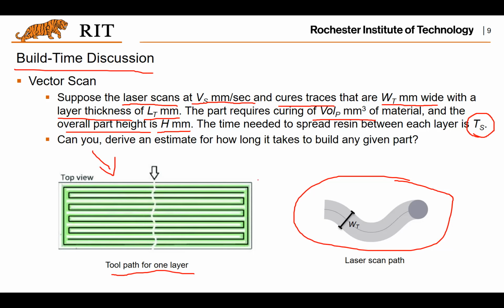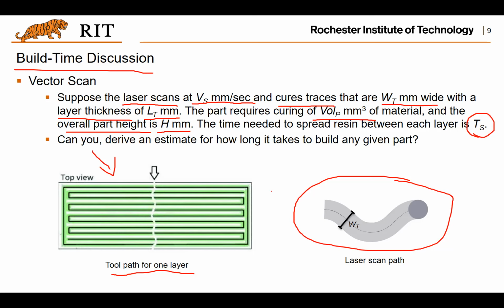Okay, so in principle, there should be two times associated with the process. One is the time to scan each layer, right? And in both of the two processes, there will be time consumed in between the two layers. So basically, you want to spread the material or separate the part from the bottom of the tank.